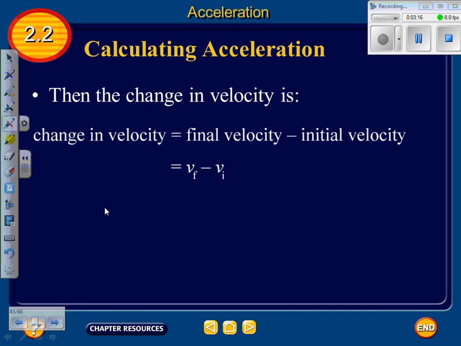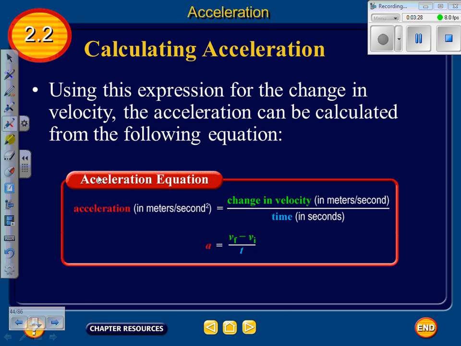What this looks like then, the change in velocity is final velocity minus initial velocity, v sub f minus v sub i. Using this expression for the change in velocity, acceleration can be calculated from the following equation. Acceleration equals final velocity minus initial velocity, divided by time. And remember the units, meters per second squared.